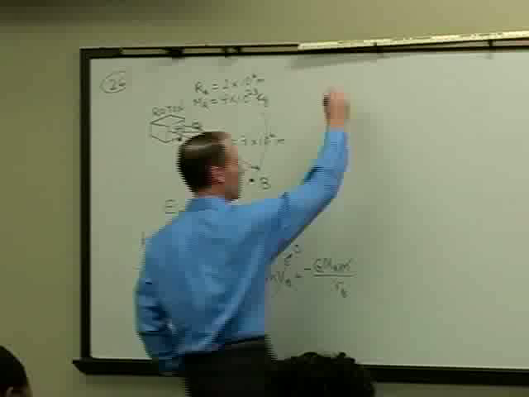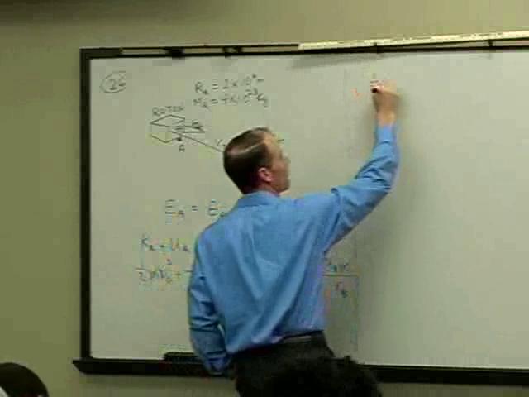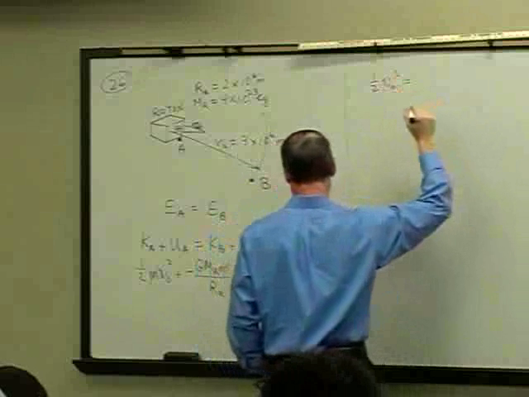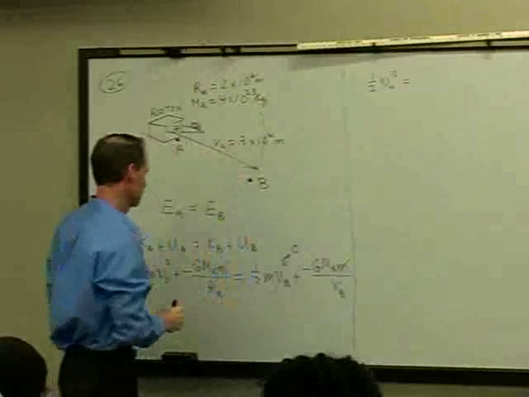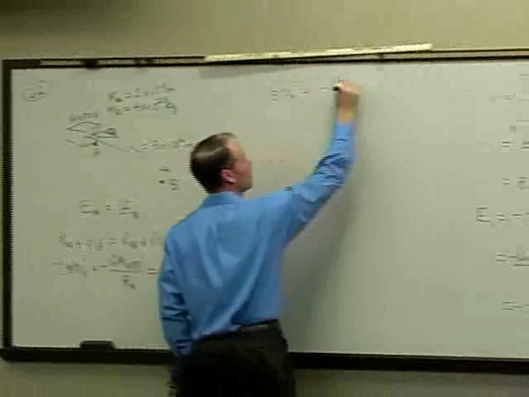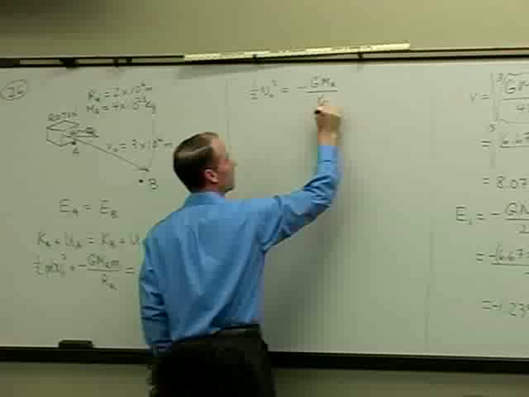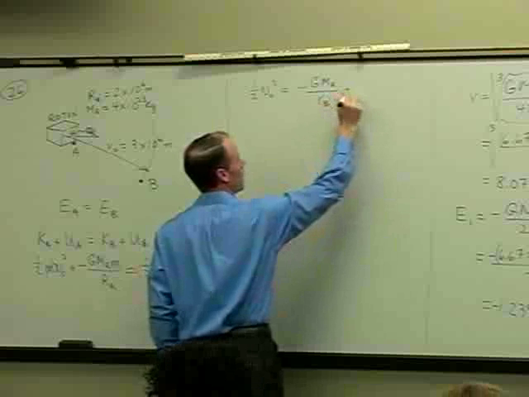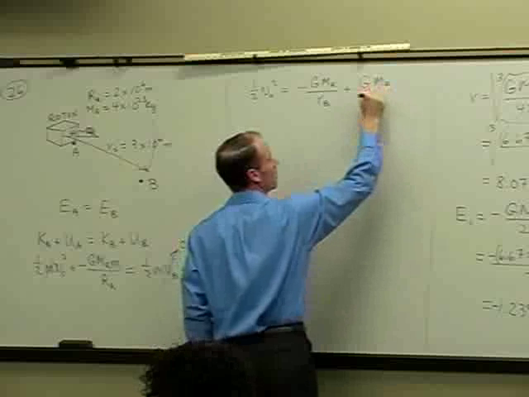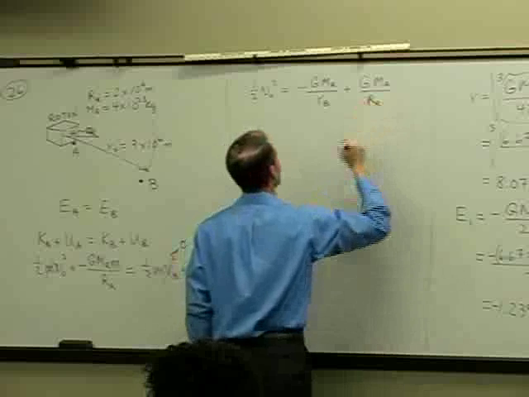All right, so now this equation looks like this. 1/2 our initial velocity squared is equal to negative G mass of Rotan over radius of B plus G mass of Rotan over radius of Rotan.